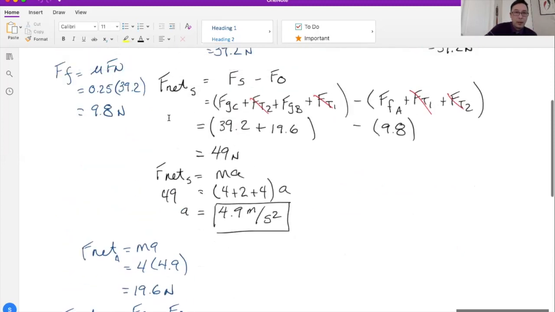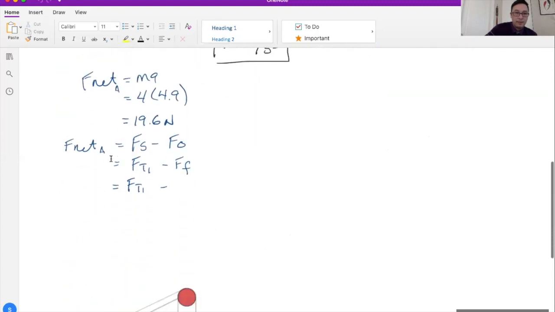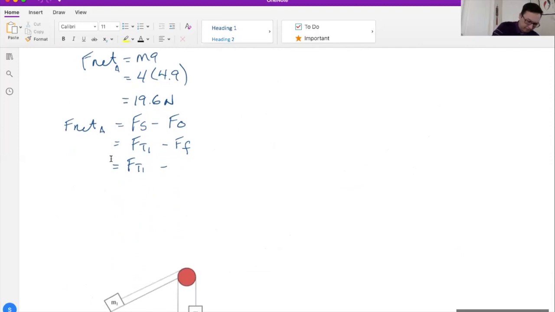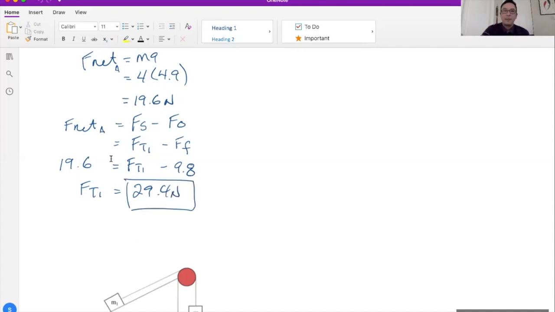Friction, we calculated up here, was 9.8. And our Fnet is 19.6. Find force tension 1. So I add 9.8 to both sides. That gives me roughly 29.4 newtons for force of tension 1.